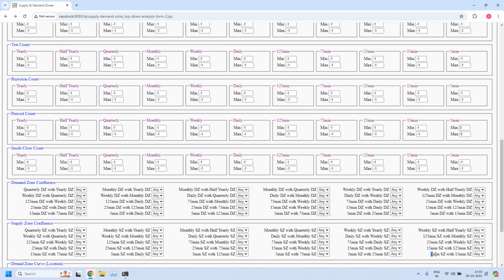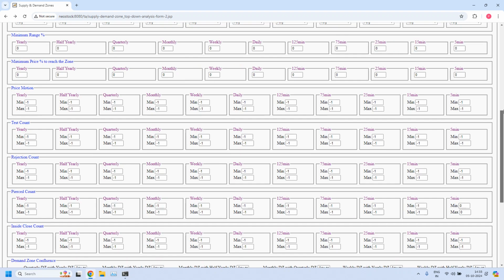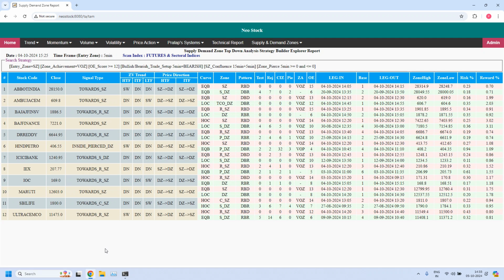So I'm enabling the filter 5 minute supply zone with 15 minute supply zone. Now let's verify how many stocks out of the 15. Out of the 15, 12 stocks. That means all these 12 5 minute supply zones are part of the 15 minute supply zone. That is supply zone confluence.